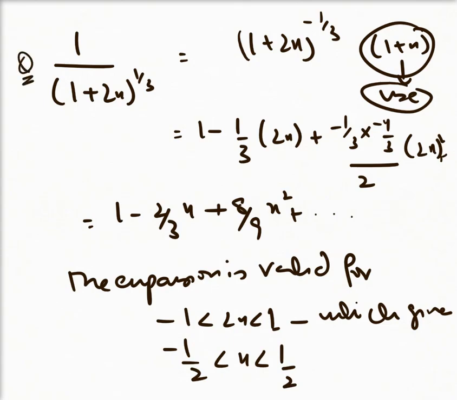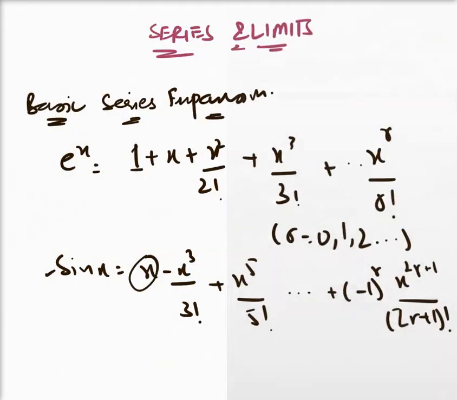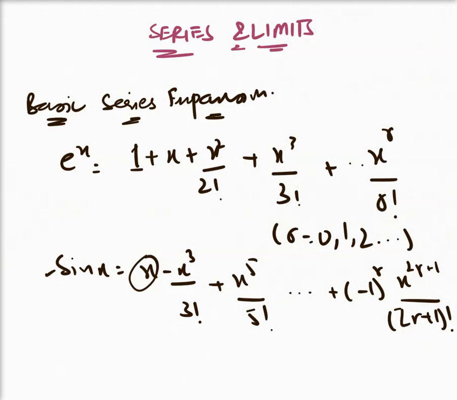So this is how you will be doing the expansions. This is the expansion of x sin(x squared), and by using these expansions which are given to us, we will be able to solve them. This is the end of the session. Hope you guys have understood this.